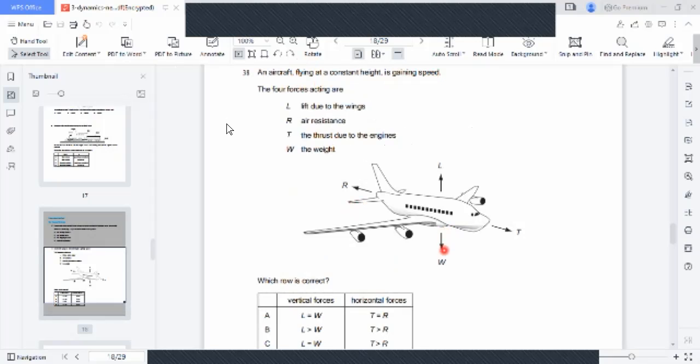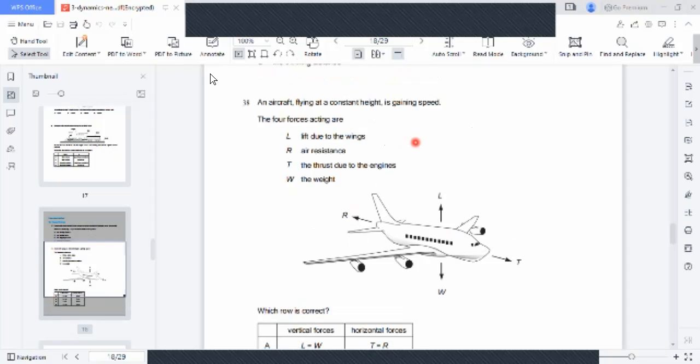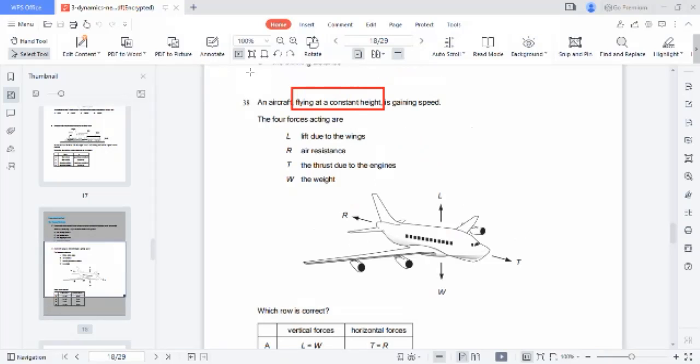The weight, let's consider things which matter. First of all, flying at a constant height means it is neither going in an upward direction nor a downward direction. So these two things, lift and weight, look equal.